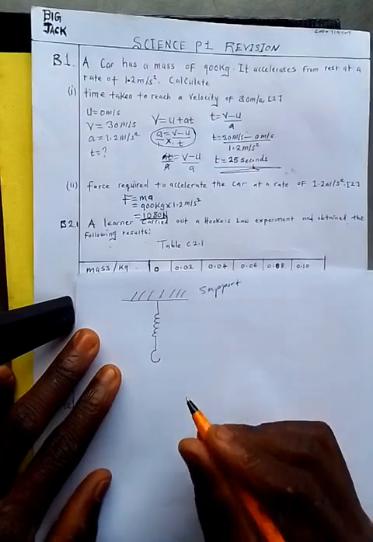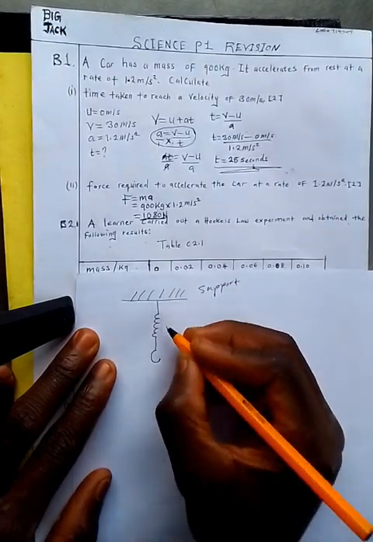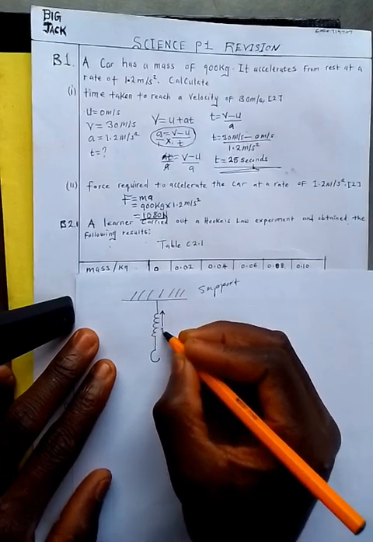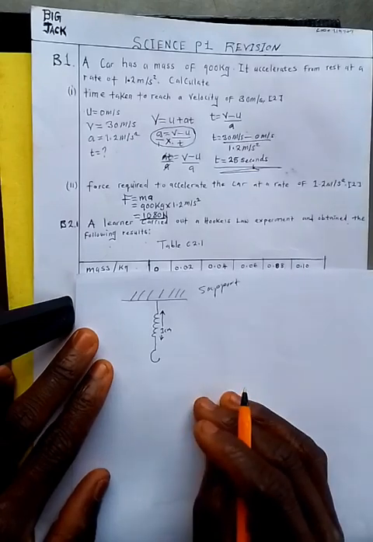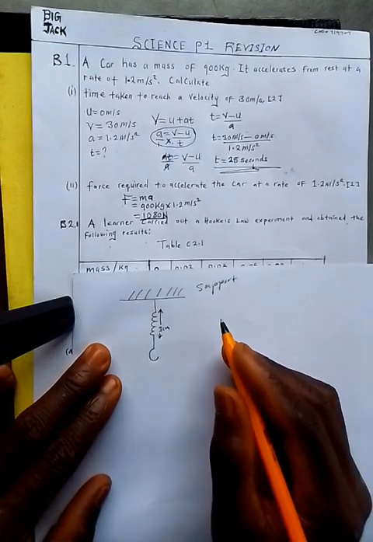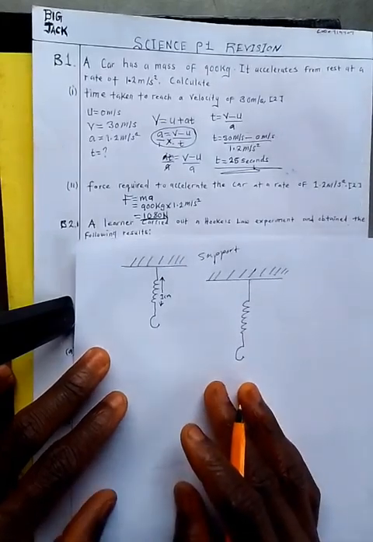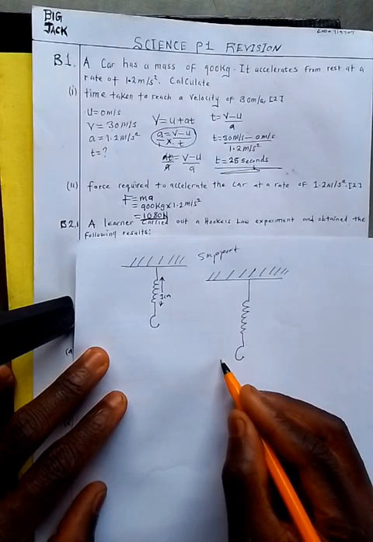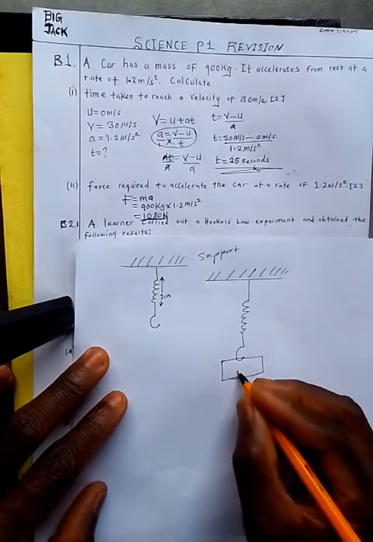Now let's imagine that we haven't put any load on this spring, and it has a length of, let's just guess, 3 centimeters, initially without putting anything. Then again, let me draw another one. As for this one, we decide to put a load of 20 newtons.